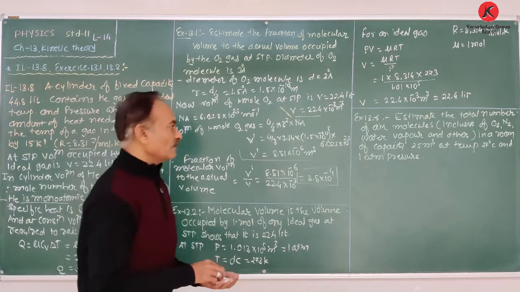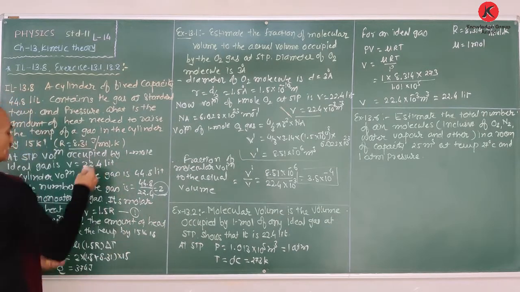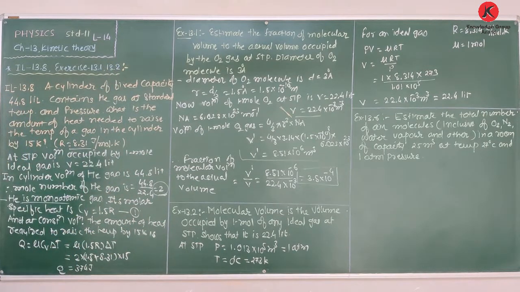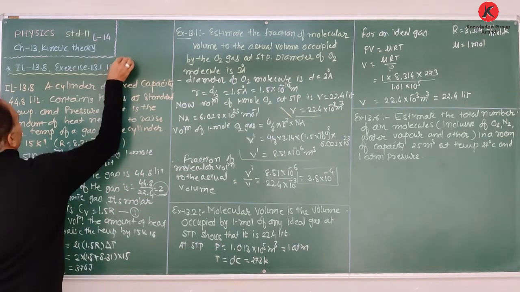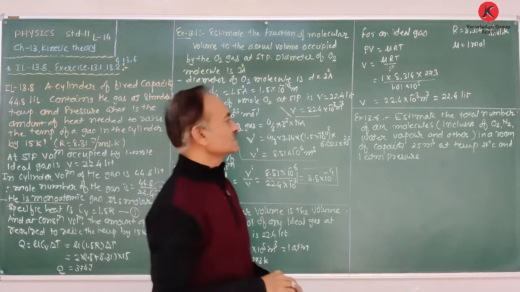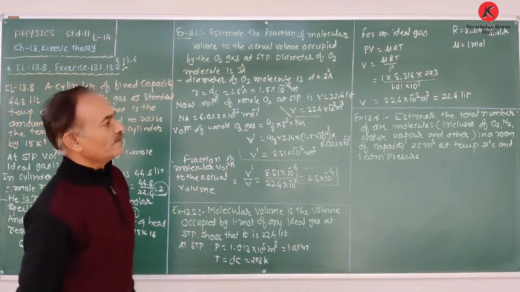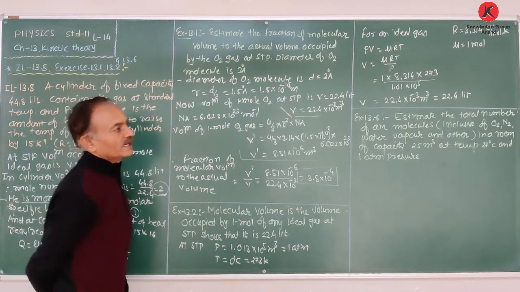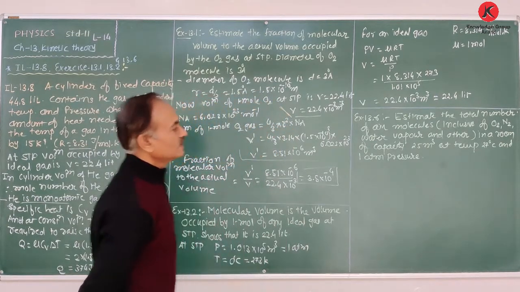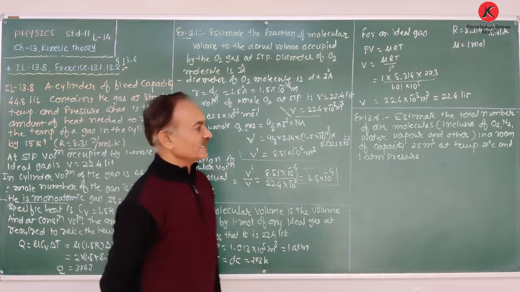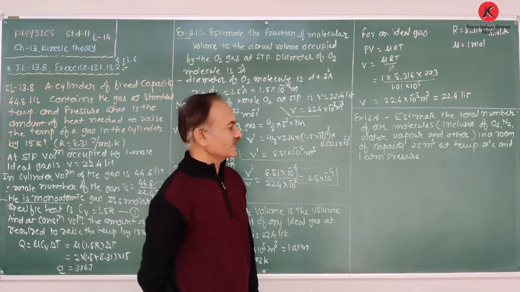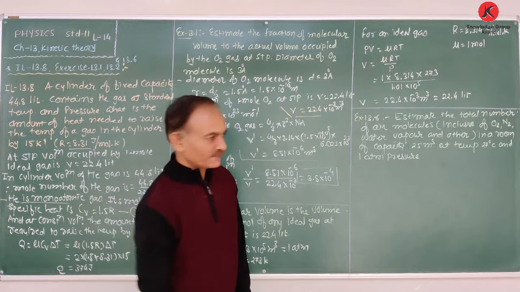Now after that, we are also considering numerical 13.6. Estimate the total number of air molecules, inclusive of oxygen, nitrogen, water vapor and others, in a room of capacity 25 meter cube at temperature 27 degrees centigrade and 1 atmospheric pressure.